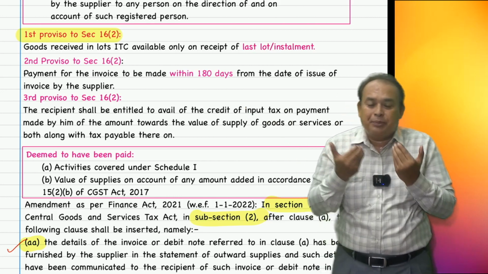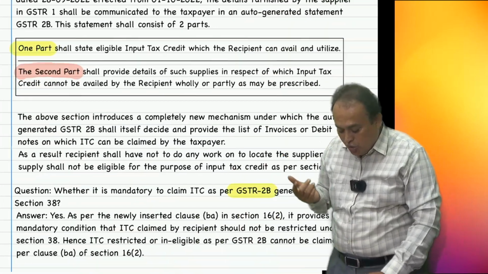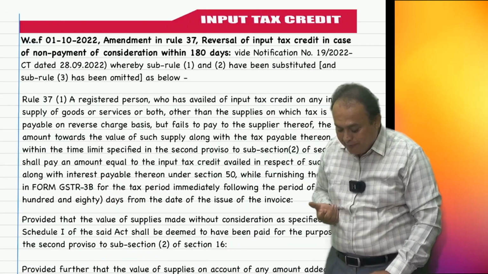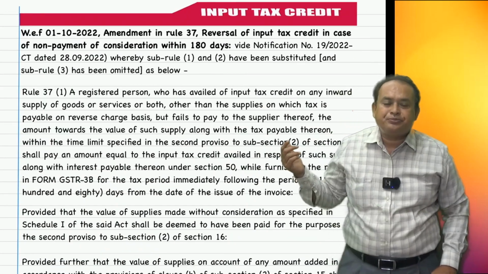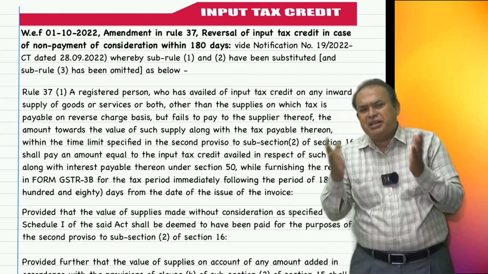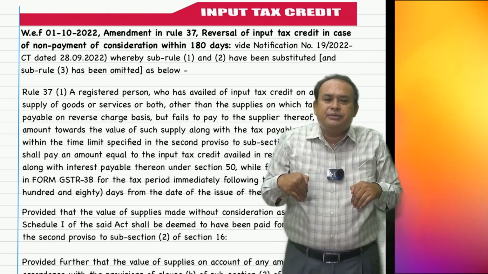If I have not made the payment, the law of the land says that you have to reverse the input tax credit if you do not make the payment within 180 days. If you have not paid within 180 days, you have to reverse the credit. When should I reverse the credit?